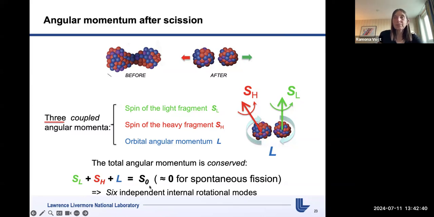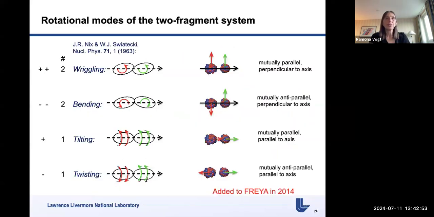So we have wriggling, bending, tilting, and twisting. That's 4, but wriggling has 2 different directions and bending has 2 different directions, so that's 6 altogether. And you can see how they look here. I won't try to do the hand motions again. Wriggling and bending are perpendicular to the fission axis, and in wriggling they're moving in the same direction perpendicular to the axis.